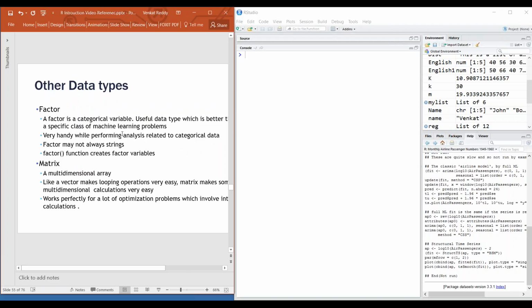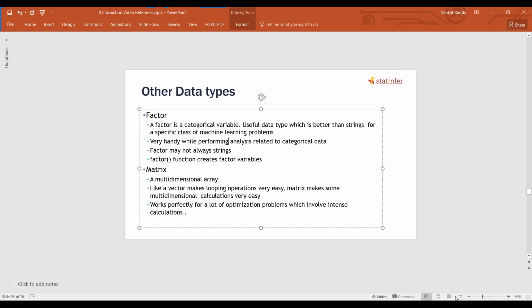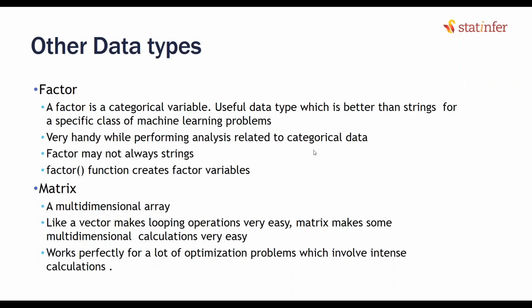What are factors? A factor is a kind of categorical variable. Strings are there, and a factor is a special form of string. It will have categorical values, let's say east, west, north, south. If a variable named region takes values east, west, north, south, then that is a factor variable.